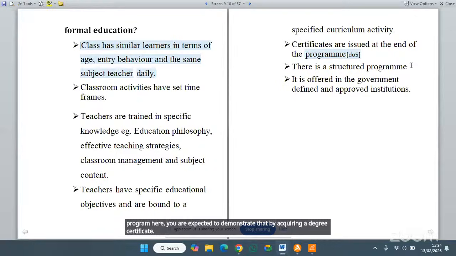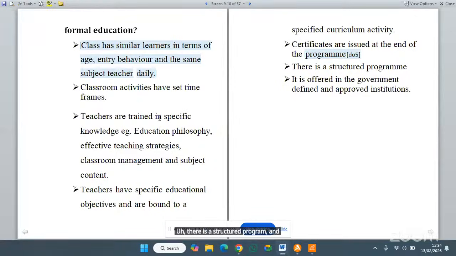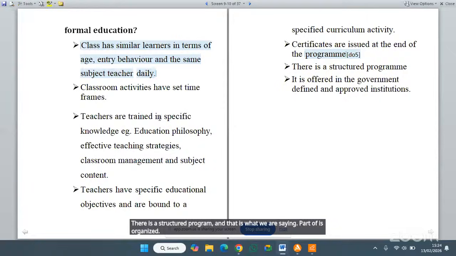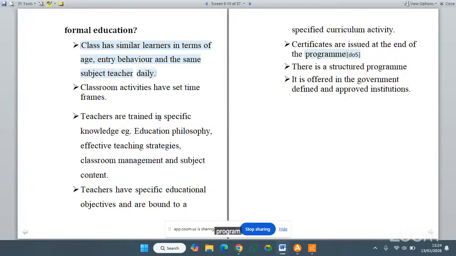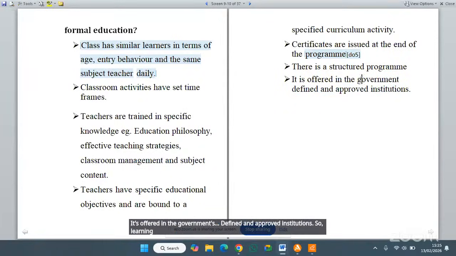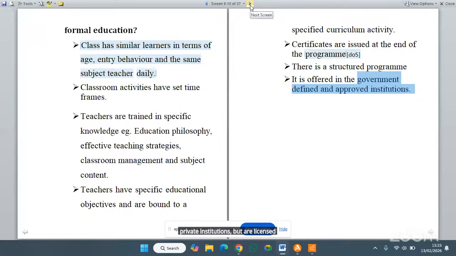There is a structured program, an organized program where learning is structured, and we have planned activities that are offered. It's offered in government-defined and approved institutions. So formal education happens in institutions that are approved by the government. They may be government institutions or private institutions, but are licensed by the government.